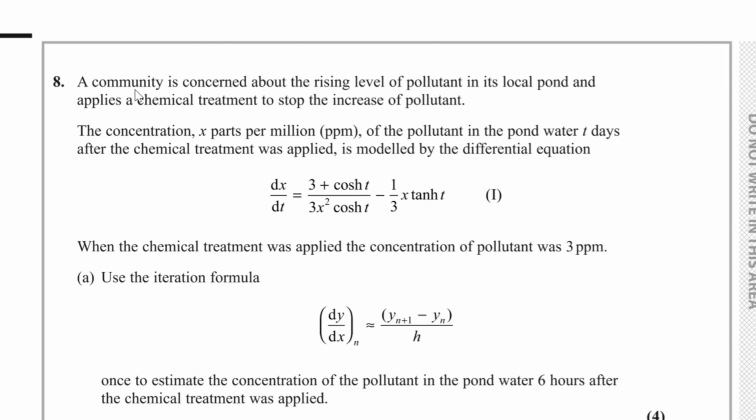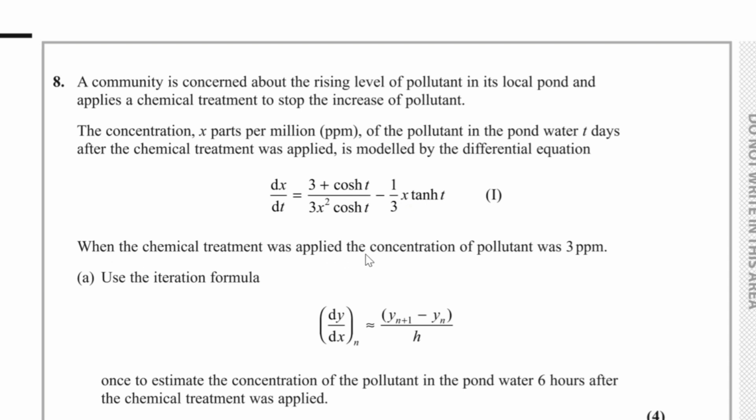Question number 8. A community is concerned about the rising level of pollutant in its local pond and applies a chemical treatment to stop the increase of pollutant. The concentration X parts per million, ppm, of the pollutant in the pond water T days after the chemical treatment was applied is modelled by the differential equation shown here, dx over dt equals (3 plus cosh t) over 3x squared cosh t minus a third x tanh t.